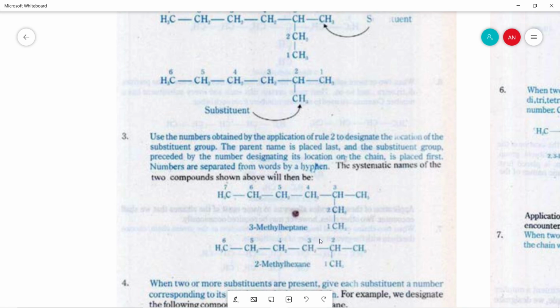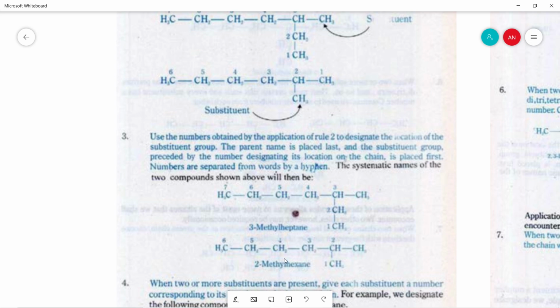If we start numbering from here, 1 2 3 4 5 6 7, we see that there is a substituent on the 3rd carbon, right? And what is the substituent? It's a methyl radical. So 3-methyl, and what is the name of the parent chain of 7 carbons? Heptane, right? So 3-methylheptane.